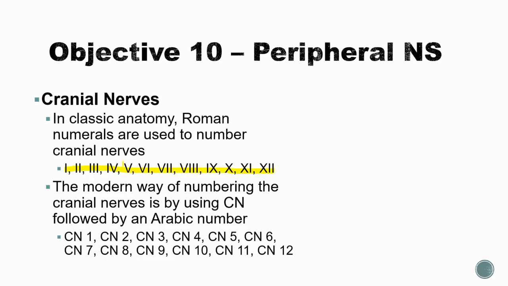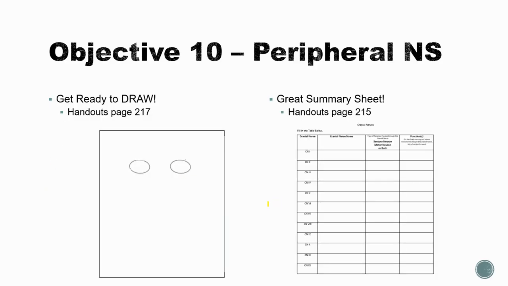And so V is an important one to know, and then X is 10. So like 1 before 10 would be 9, 1 after 10 would be 11, and so forth, okay? You can also see them numbered just in your basic modern way, like the numbers we use in our everyday lives, 1 through 12, followed by CN. So once again, you do need to know them by number.